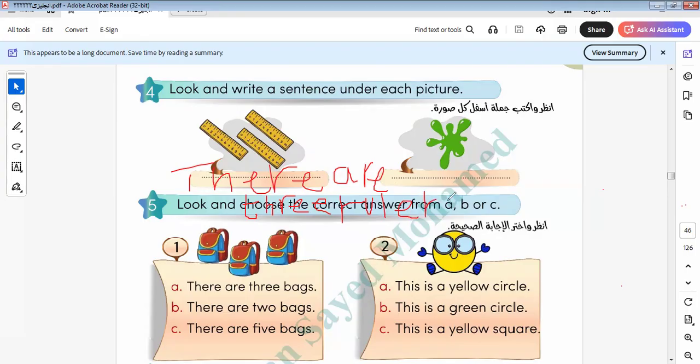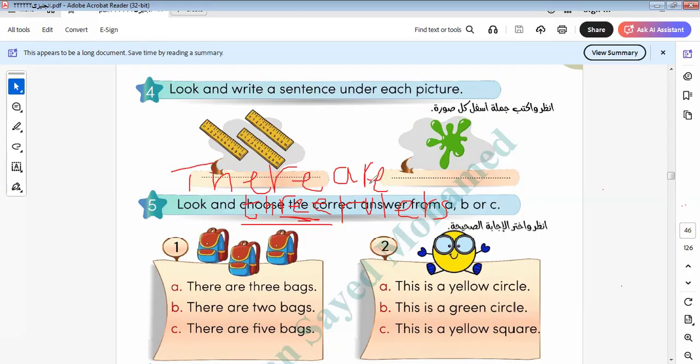There is a difference between them. Three, I write it like this: T, H, R and adding double E. When we talk about there, it is T, H, E, R, E. The R is separated from the E and from the other E. But in three, it has a double E. So we must make a difference when writing there and three, because some of you can have a misunderstanding.